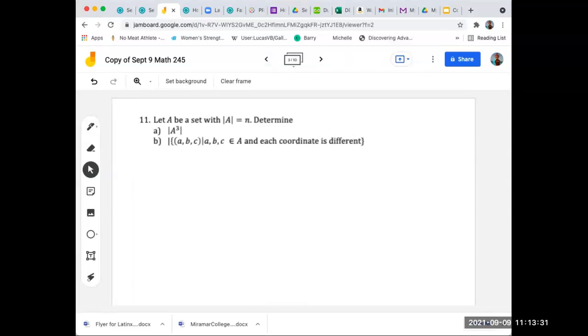So yes, part B is saying that you're gonna form a triplet, ABC. So it's gonna be 3 numbers, and these numbers are in set A, okay? So set A has N number of elements. So it has A1, A2, A3, AN.